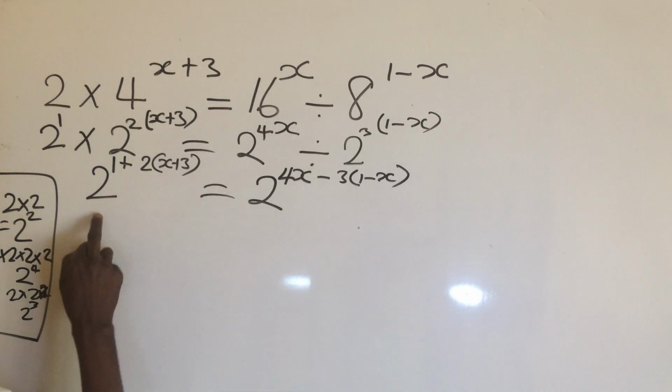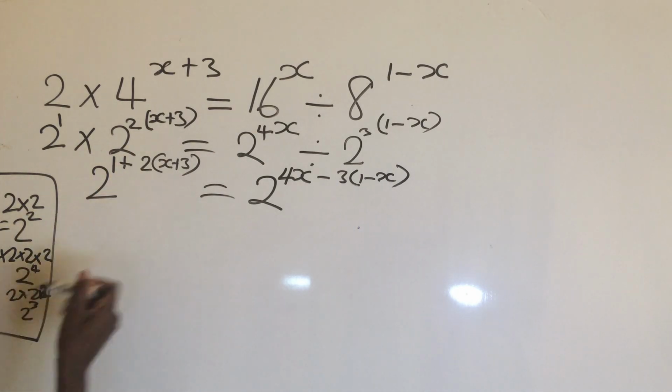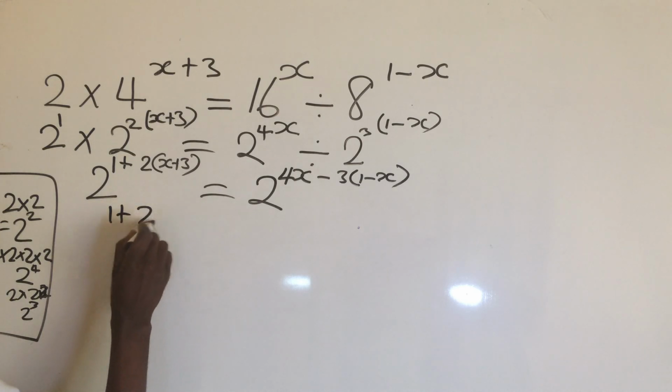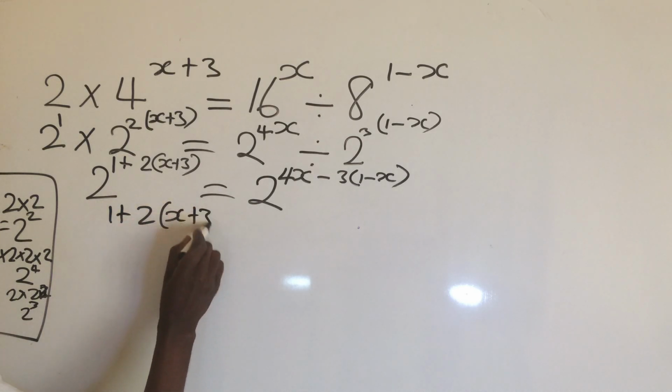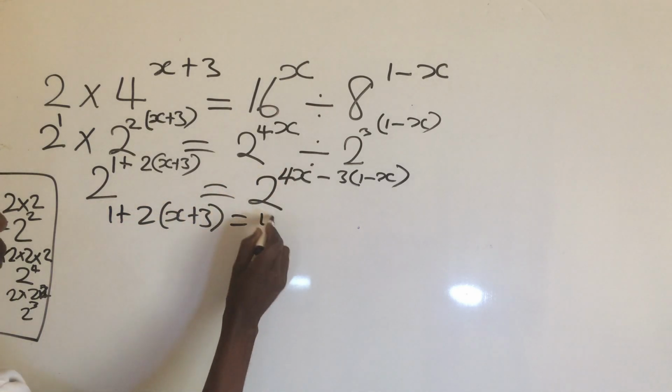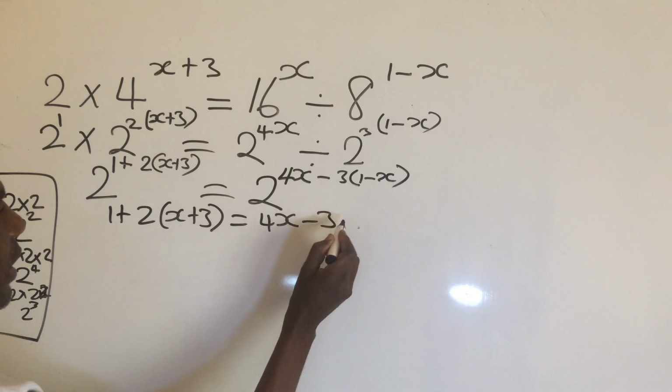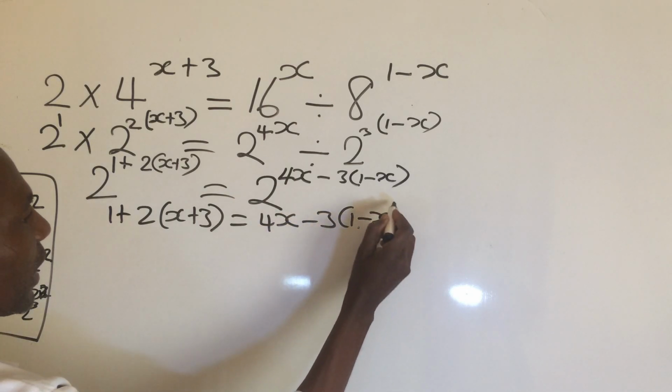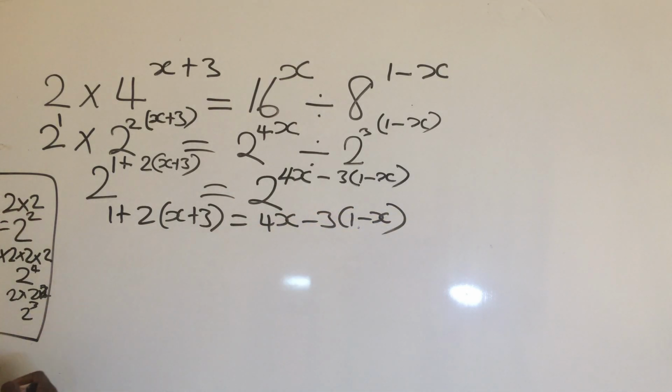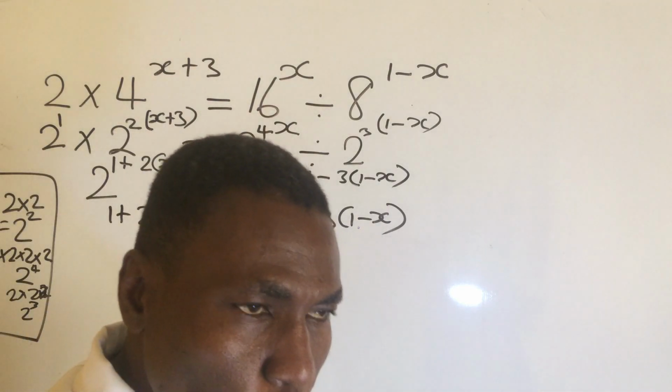So 1 plus 2 in bracket x plus 3 equals 4x minus 3 in bracket 1 minus x. That is the right thing to be done.